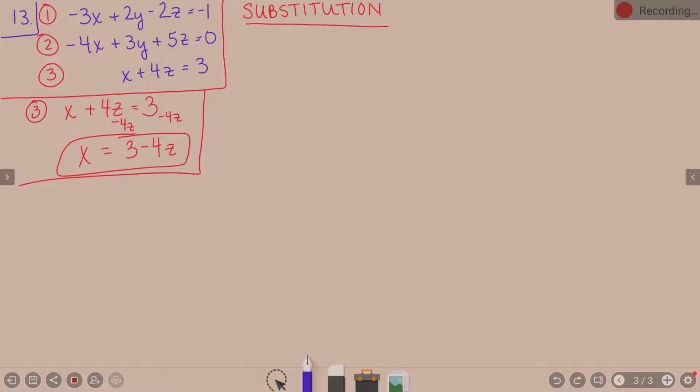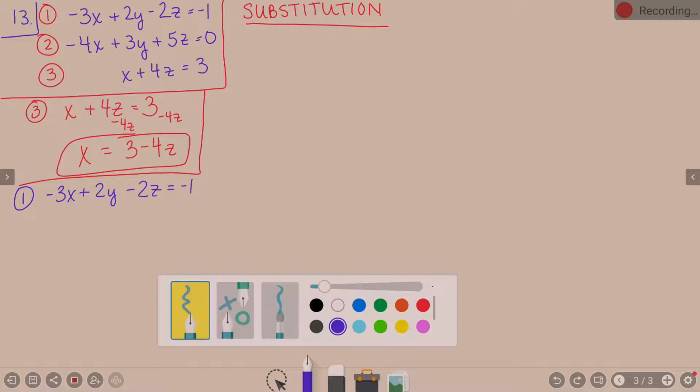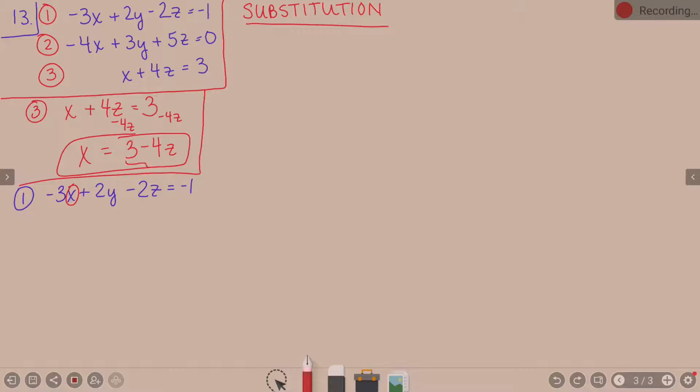So if I use equation 1 here, which is currently negative 3x plus 2y minus 2z equals negative 1, every place I see x, I'm putting this 3 minus 4z.